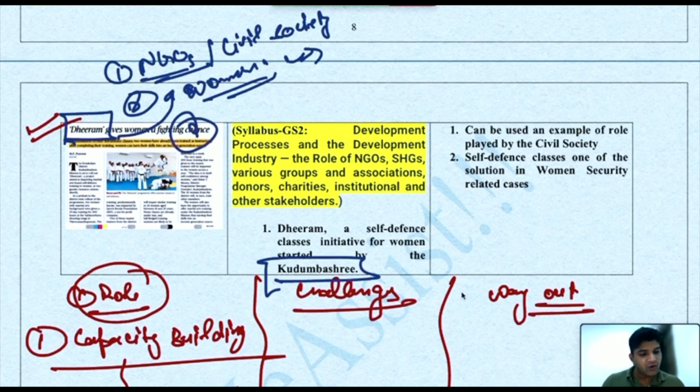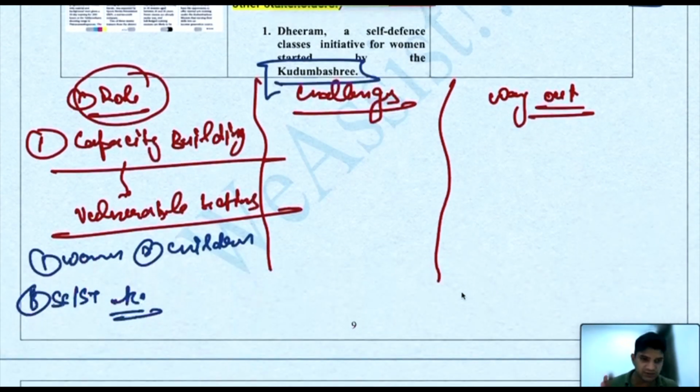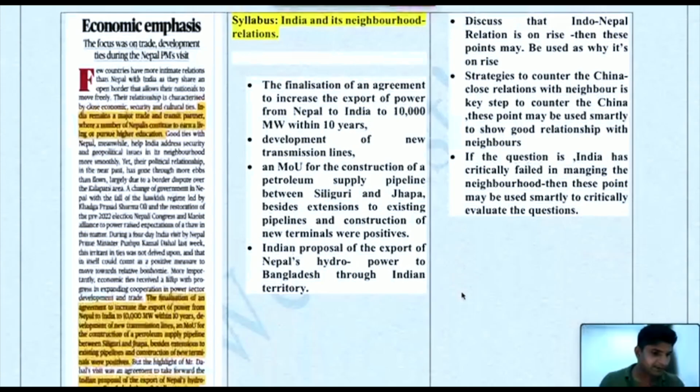Now if a question comes with respect to capacity building, suppose a question comes that capacity building is an essential step to increase productivity in the labor force, in capacity building you can say Dhiram is also one of the examples. So it depends on the context. One example can be used interchangeably. So do the preparation with smartness.